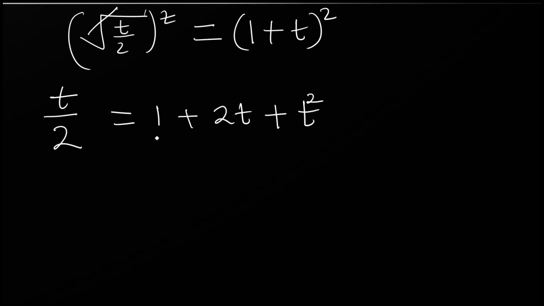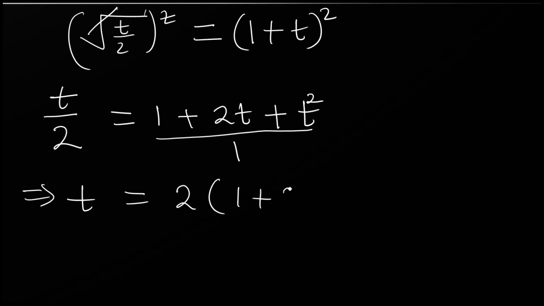Okay, so we can make this side over 1 and do cross multiplication. So 1 times t is t, and 2 times 1 plus 2t plus t squared.